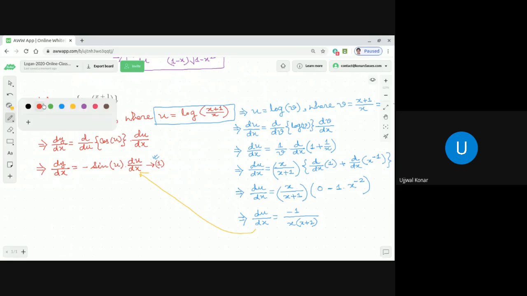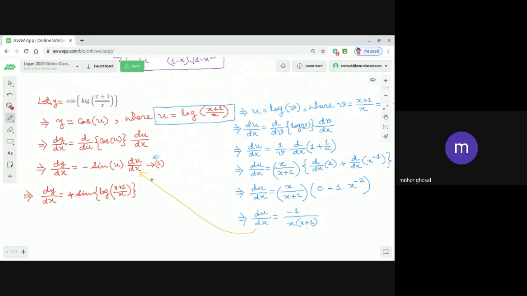Then what do we get for dy/dx? dy/dx is equal to minus of sine of u, where u is log of x plus 1 by x, into du/dx. Since du/dx is minus, minus and minus become plus, and here it is 1 by x into x plus 1.